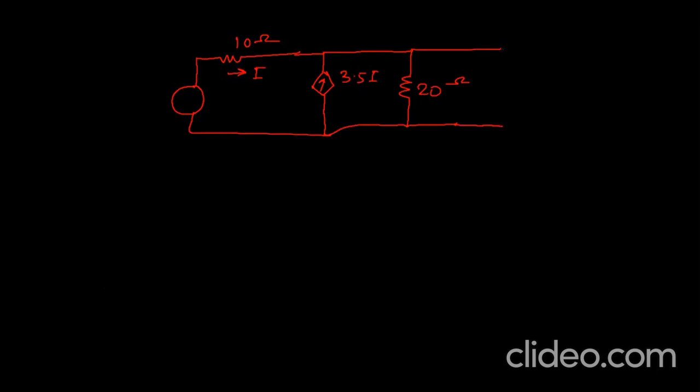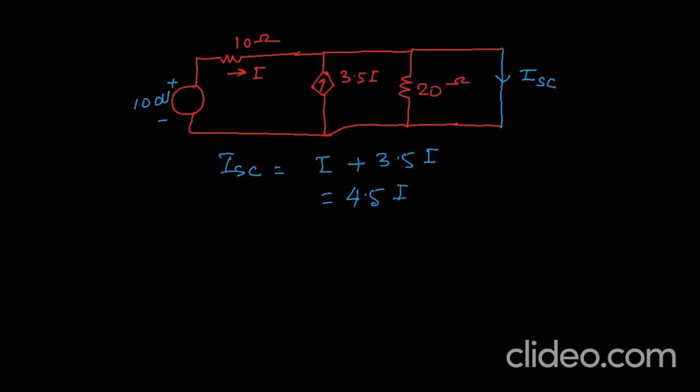So this portion we have to make it short, means ISC. We have to calculate ISC, short circuit current. So this is 100 volt, and the current when it is shorted, so you see this I current will come here, it will not go here, it will directly go here, and this current also coming here, it will go in here. So ISC will be equal to, now it is I plus 3.5 I. So it is 4.5 I.